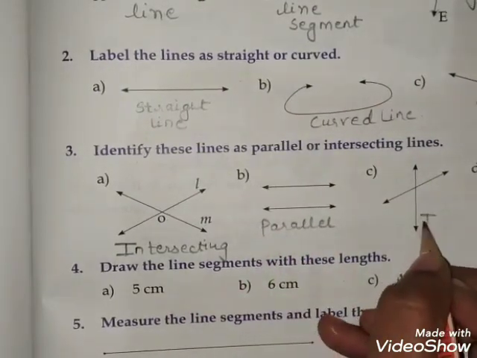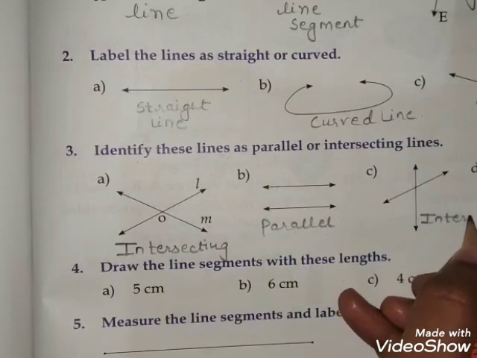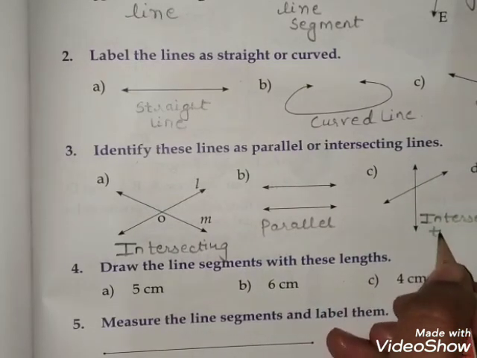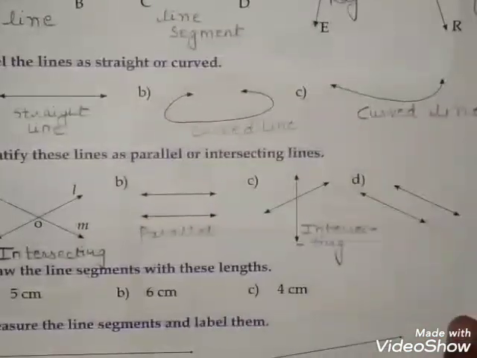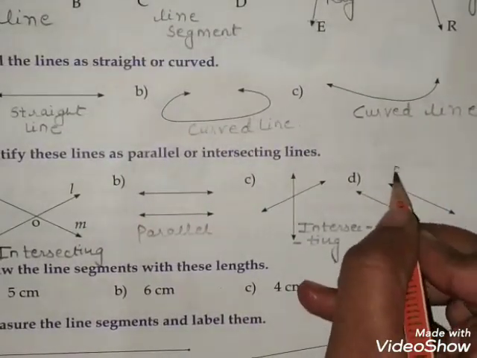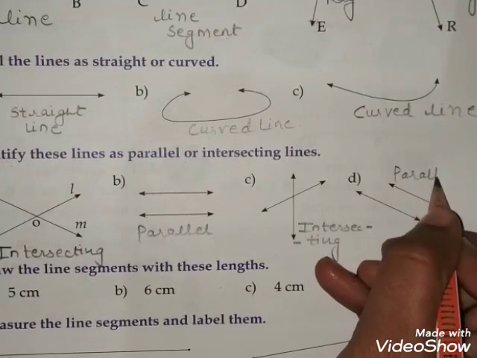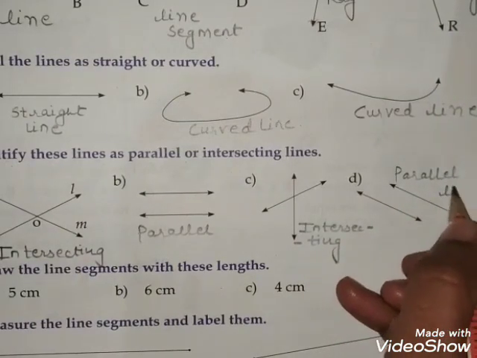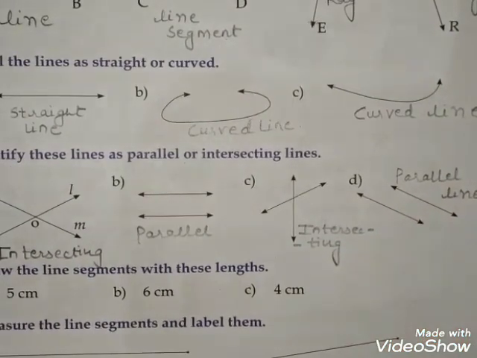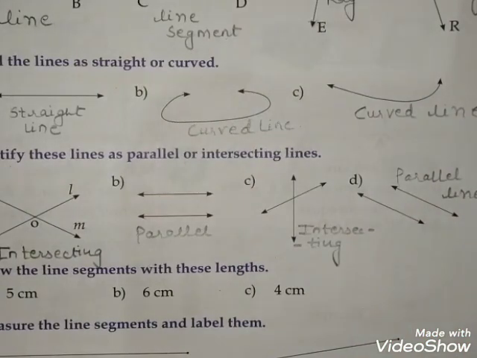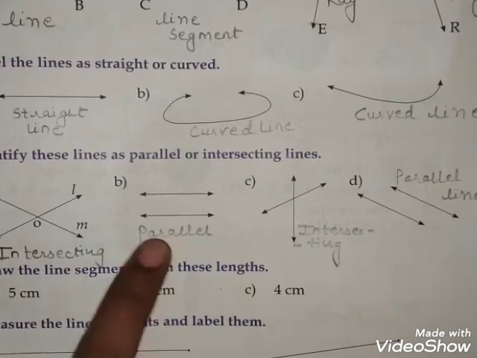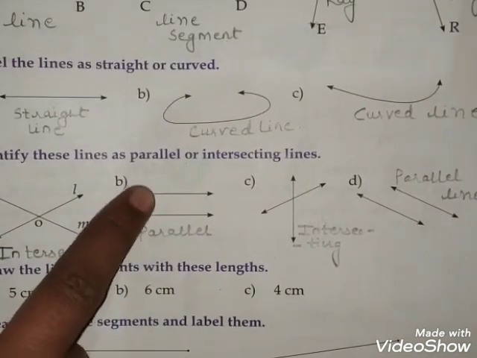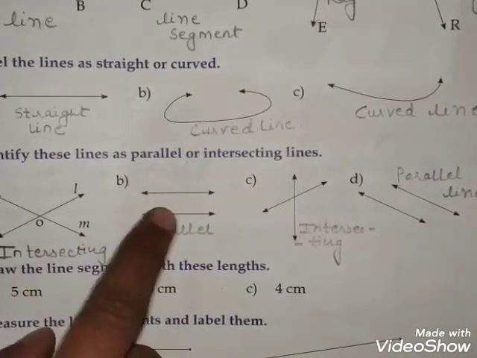Now again, it is intersecting line, right? And in question number D, these are parallel lines, right? So children, here I hope the concept is clear that parallel lines are those lines which have the same distance between them at each and every point.